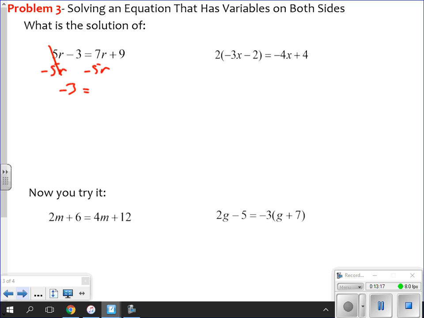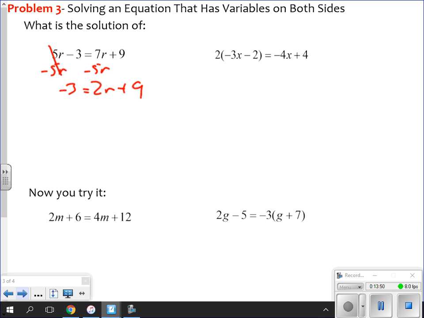How many R's do I have? 2 R's. And then the plus 9 doesn't change. Move the variables that are on one side by adding or subtracting the variables from one side to the other. I always like to get rid of the smaller one because now I have positive 2. If I'd gotten rid of the 7, I'd have negative 2 on the other side. I'd rather have positives.